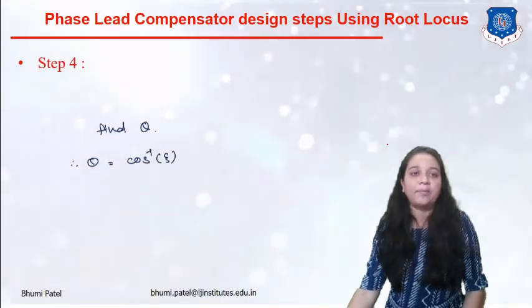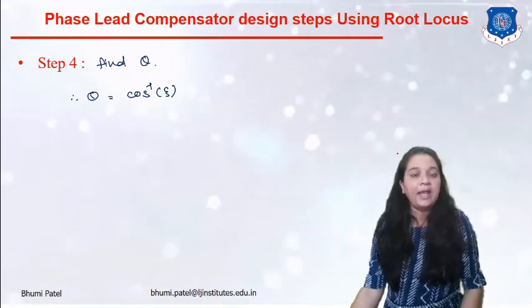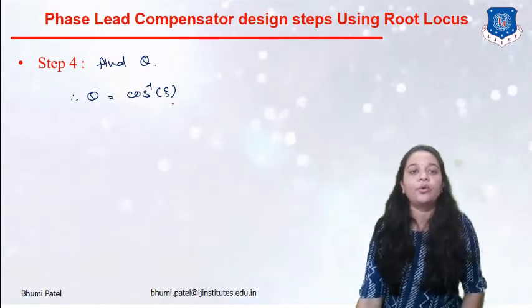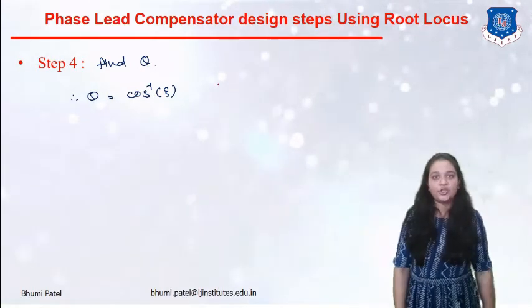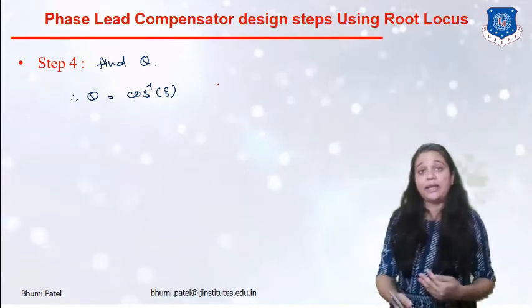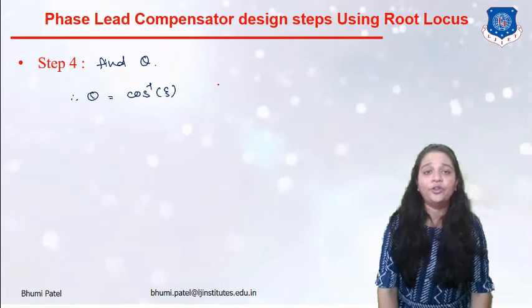Now step number 4. We have to find the value of theta, and the equation is theta equal to cos inverse zeta. As you know, zeta is the damping ratio of the system, and using the settling time, rise time or peak overshoot, we can find the value of zeta.